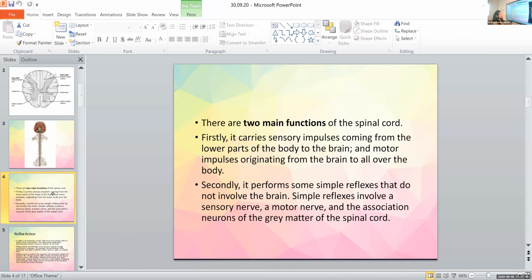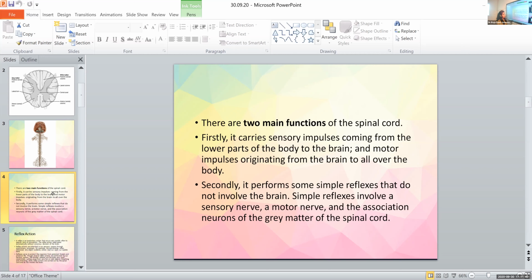The information processing happens at the level of the spinal cord, because suppose we are walking on a road, and suddenly a piece of paper was burning, lying on the road, and we didn't see it. We were walking on bare feet, and we stamped on it accidentally.